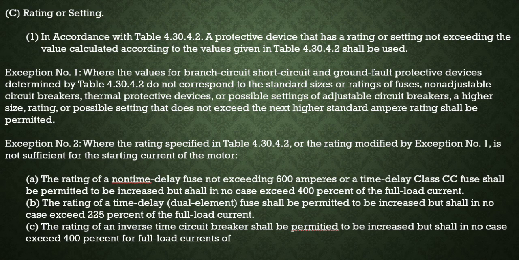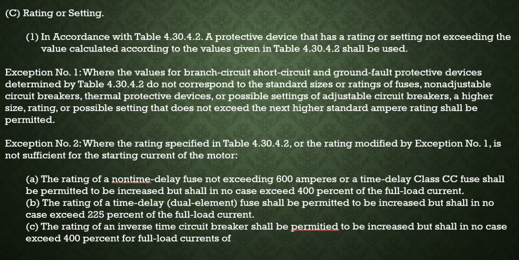And if the Table 4.30.4.2 rating is insufficient for starting current, a non-time delay fuse with 600 ampere or a time delay Class CC fuse can be increased, but not over 400% of the full load current. Time delay or dual element fuses can increase, but not over 225%.